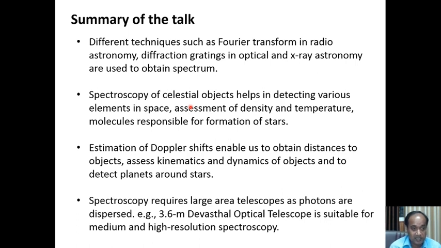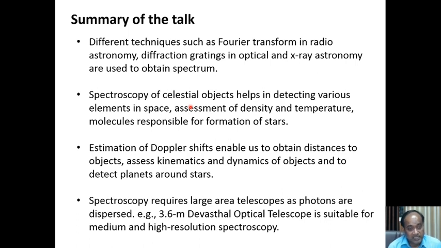But despite that, since we have a 3.6 meter, which is a very good aperture and collecting area for spectroscopy, the Devasthal optical telescope is suitable for many applications in medium and high resolution spectroscopy. In future, the plans are to go for another large consortium to make a 30-meter telescope, which I'm sure you will hear about in another presentation.